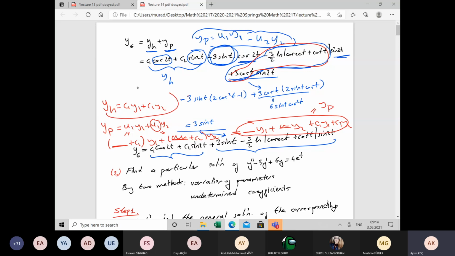Look at the y sub h, this one. So, what's the general solution? General solution, y sub h plus y sub p. So this part contains the second part of the particular solution. So we can ignore this part. It's okay? Because this one is c1, for example, this one is bold C1, this one is bold C2.